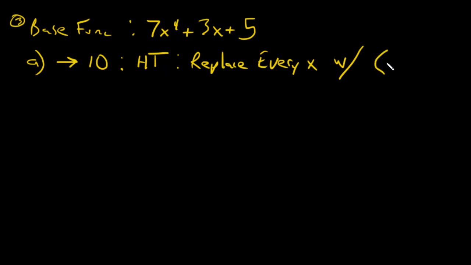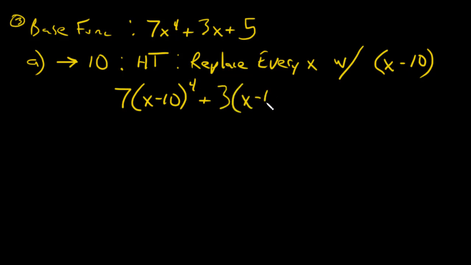So this is going to be x minus 10. Okay? So everywhere there's an x up here, I'm going to replace that with x minus 10. So I'm going to get 7 times x minus 10 quantity to the fourth plus 3 times x minus 10 plus 5. And that's it. That's exactly how you shift this whole thing 10 to the right.